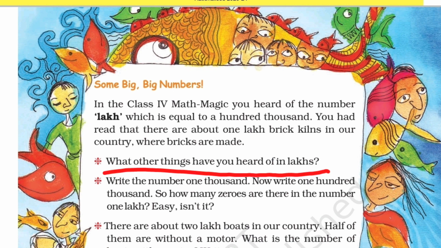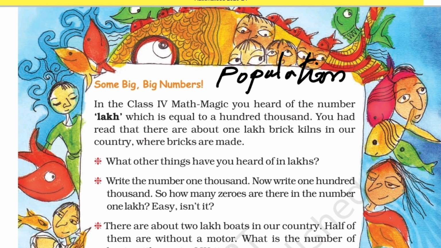So what other things have you heard of in lakhs? For example, the population of a town can be counted in lakhs. The number of bikes in your area can also be counted in lakhs because it is very huge in number. So the things which are huge in number we can count in lakhs.